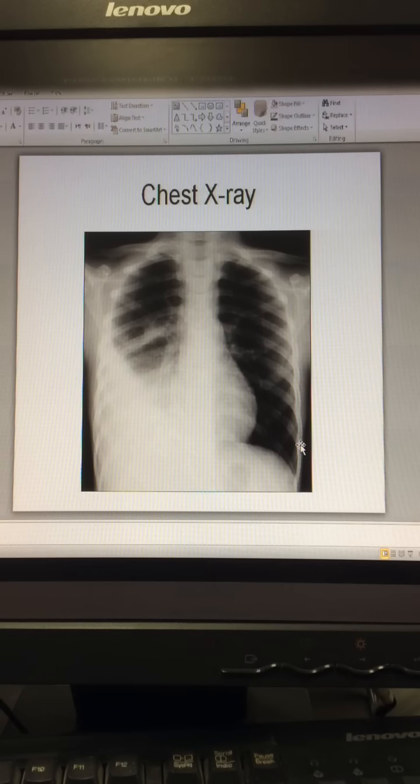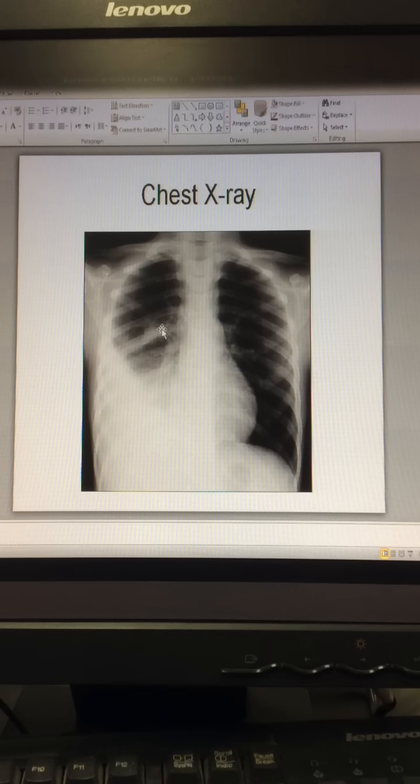As you see here, this side is filled by air. The air appears black on chest X-ray, while on the other side it is obliterated and appears white up to the middle of the right lung. So obliteration of the costophrenic angle on chest X-ray means that there is accumulation of fluid, which is known as pleural effusion.